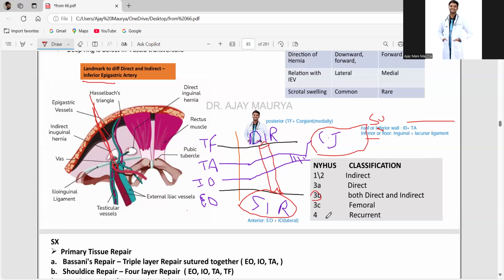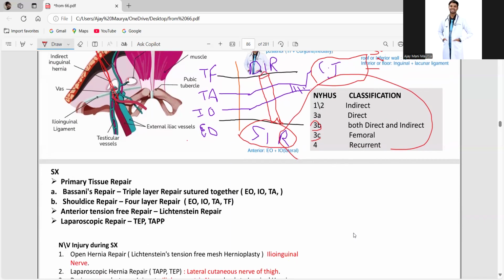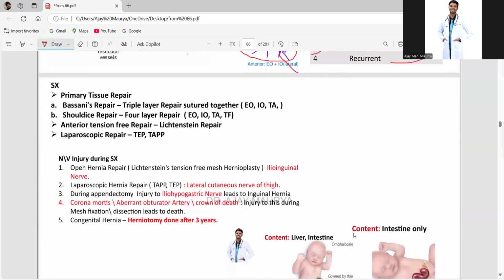If they mention 3C, it means femoral. 3A means direct. 1 and 2 mean indirect. 4 means recurrent. Just remember these. If they mention the 3B hernia, they are talking about direct and indirect.